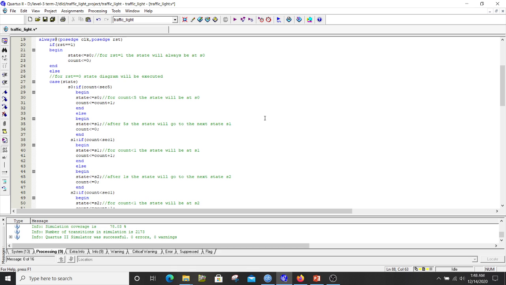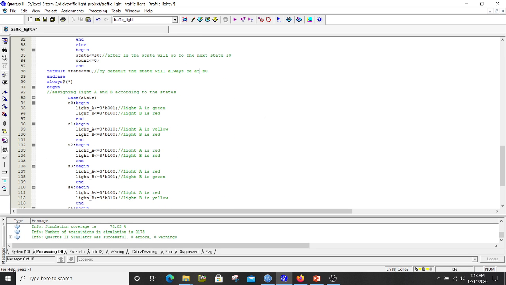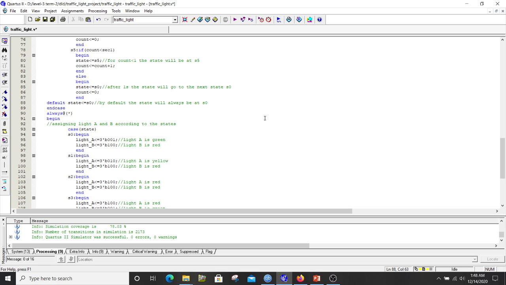So in the state diagram, for count less than 5 the state will stay at S0, and if the count is greater than 5 then the state will go to the next state S1, and for count less than 1 the state will stay at S1, and for count greater than 1 the state will go to the next state S2, and this procedure is similar to what was already discussed. We have seen that by default our state will always be S0.